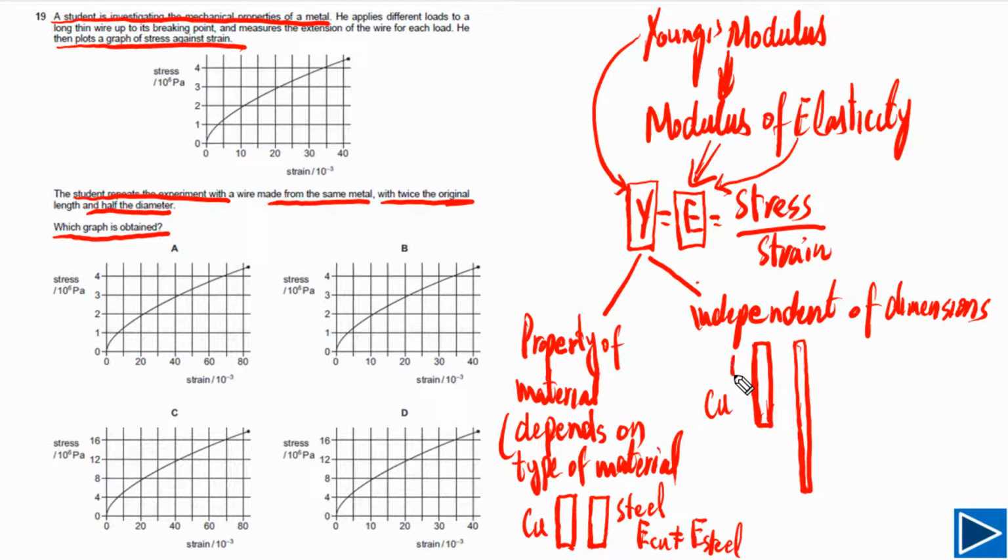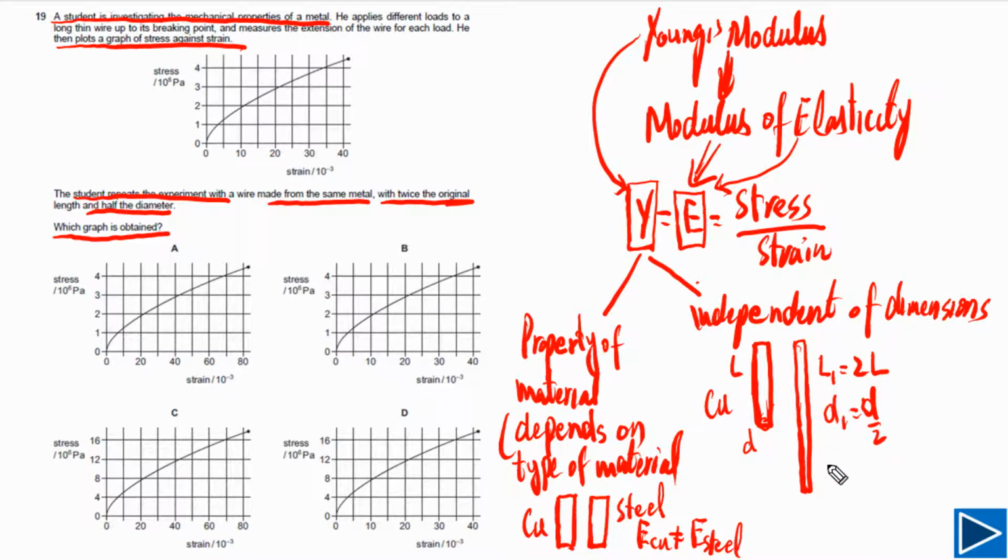But for this wire the length is L and for this wire L1, let's say, is equal to 2 times L, and let's say the diameter of this wire is D and the diameter of the second wire is D by 2.